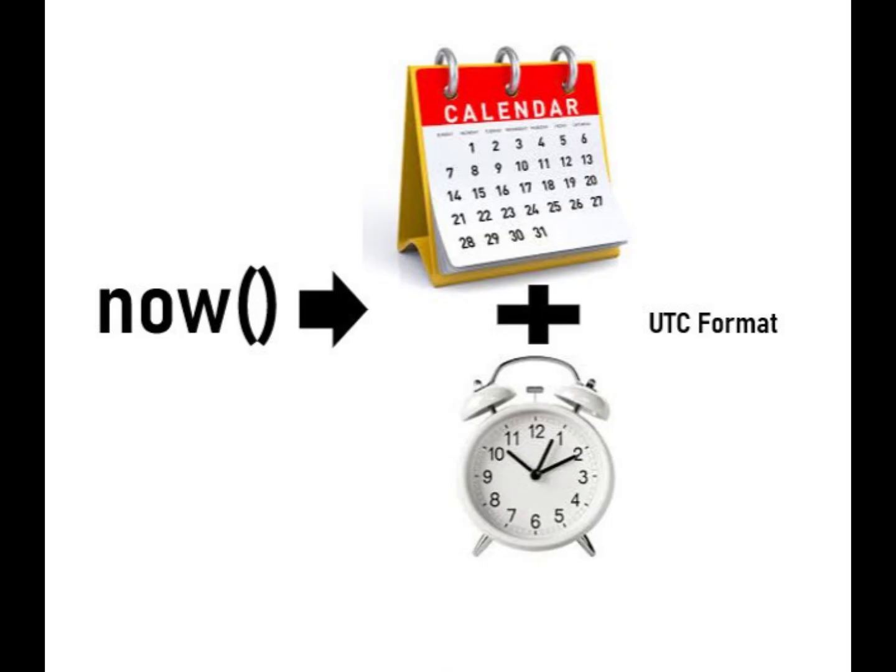NumPy datetime actually does not store any time zone information like Python. It handles offsets by converting to UTC. You can format the datetime precision using M for months, D for up to days, H for up to hours.